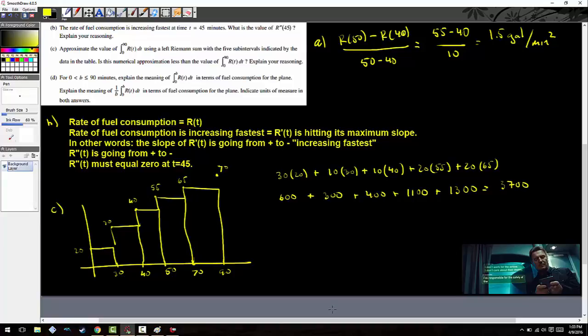Now, let's think about this for a second. Is this approximation an underestimate? It absolutely is. Why?